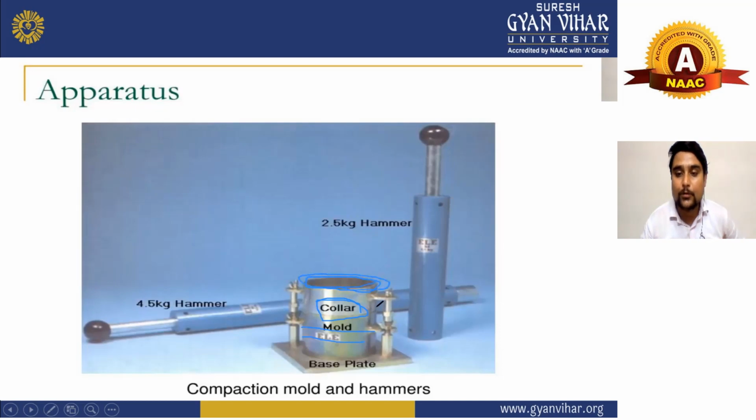After the compaction, you remove the collar, and you remove the soil from here. Then you have to measure the weight of this mold. Before measuring the sample, you also have to take the weight of the mold, because you have to subtract the weight of the mold from the total weight of mold plus soil.